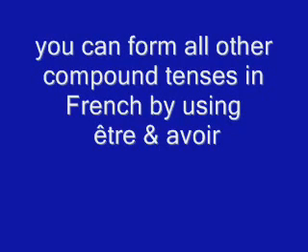Let's say le passé composé, the present perfect, or the past perfect, which is le plus que parfait, many other compound tenses. So these two verbs are very important. That's why the first verbs to study are être et avoir.